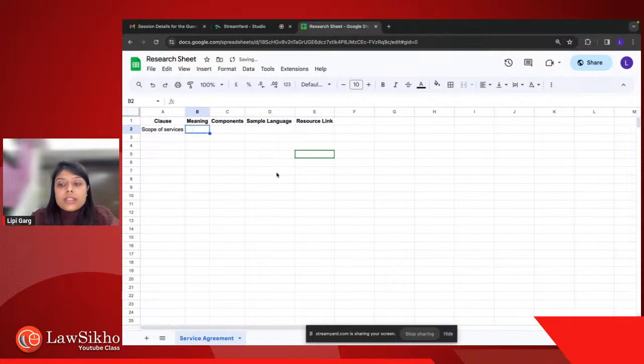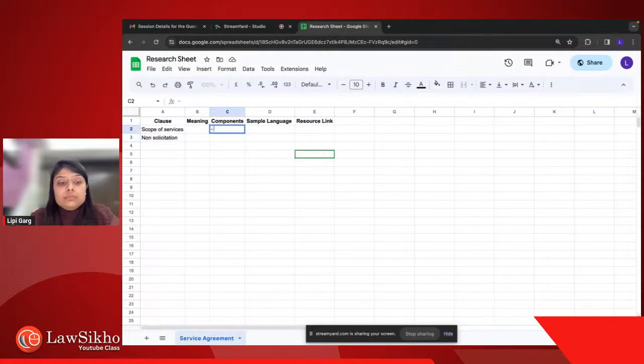You write what the meaning is if you want to, but it is not required. Let's say it is a non-solicitation thing. Then you can write what a non-solicitation agreement means. People who are drafting contracts for the first time might not know the meaning also. So this comes handy.